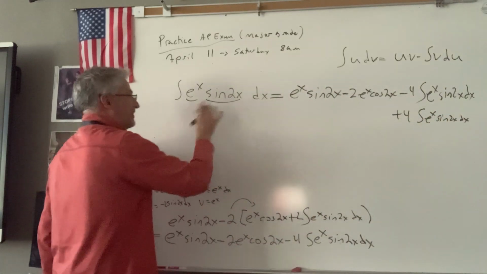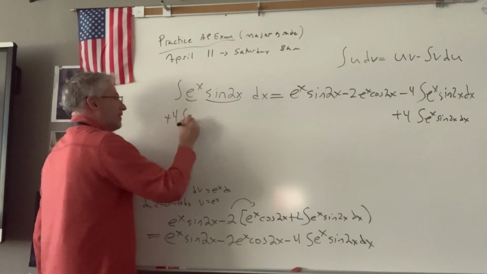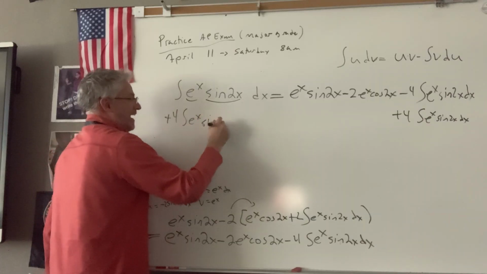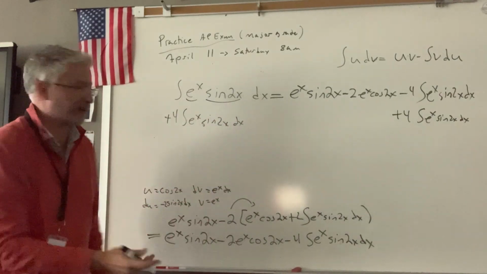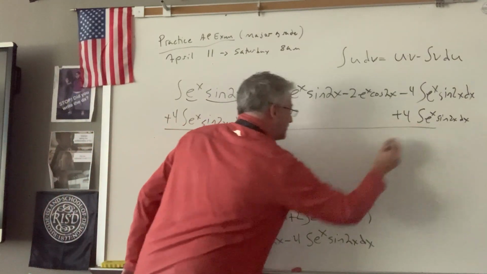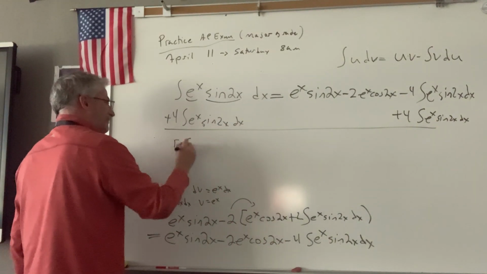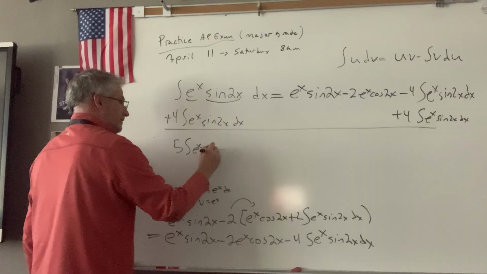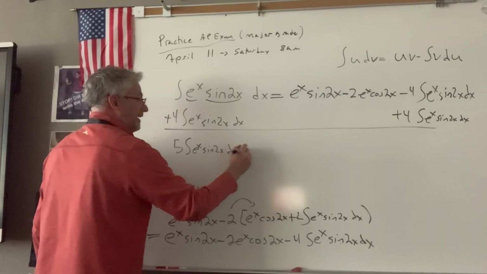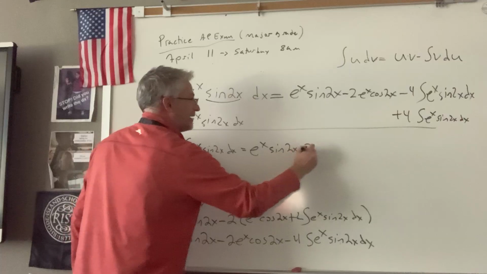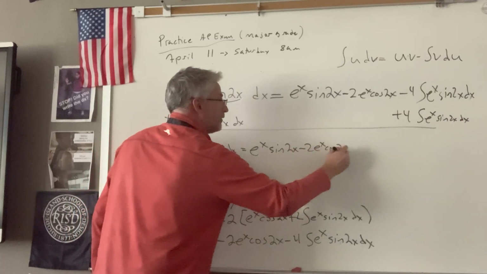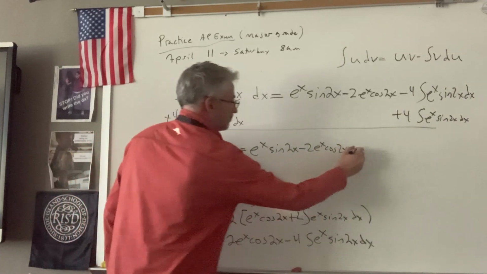And I'm going to add the same thing over here. Yeah, we can add integrals together. Why not? It's just an algebraic equation for us. And that's going to give us 5 of these integrals, dx, equal e to the x sine 2x minus 2e to the x cosine 2x plus c.